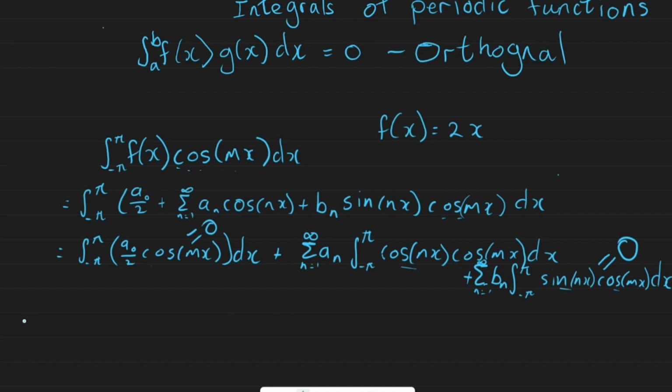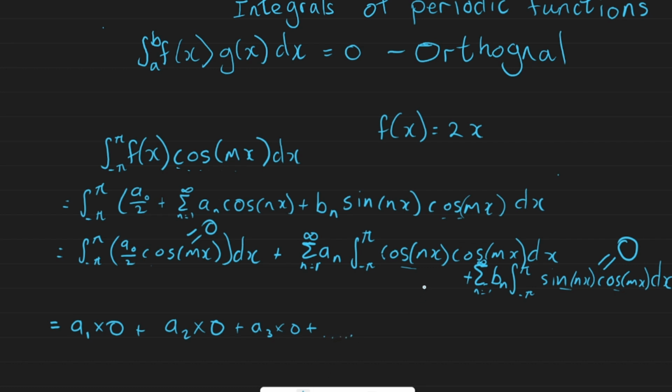So what are we left with? Let's substitute in some values of n. So n starts from 1, and we know that this integral is going to take on the value of 0, right? So we have a1 times 0. Then we have a2 times 0. We have a3 times 0.